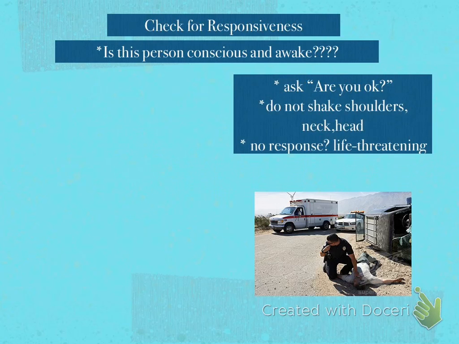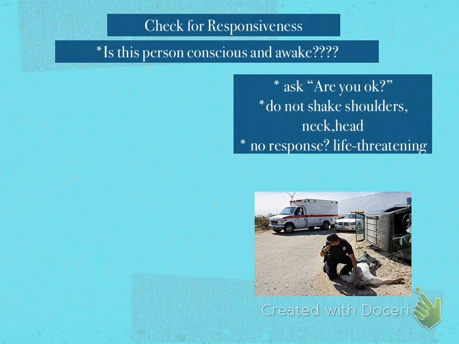The only exception to that, we haven't gotten there yet, but we will. The only exception to once you start, you can't stop, and you call first: if you have to do CPR on a child, you do 2 rounds of CPR first. Then you call. With an adult, you call, then you do CPR.